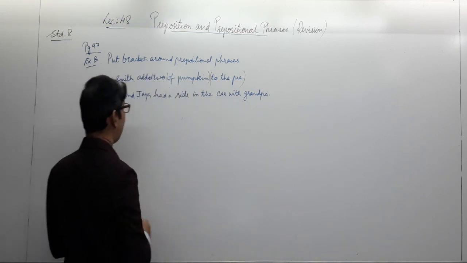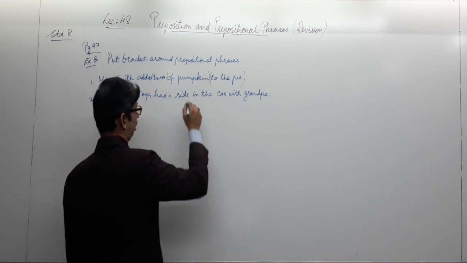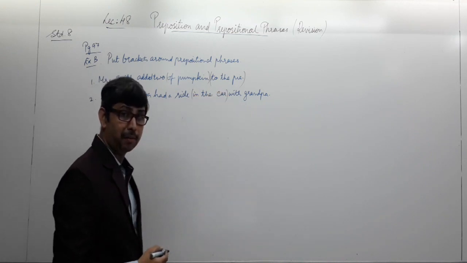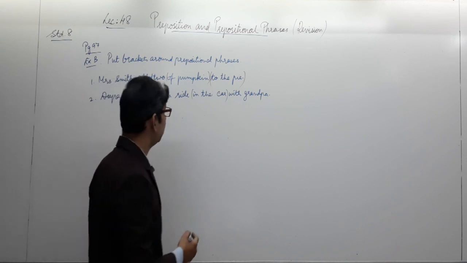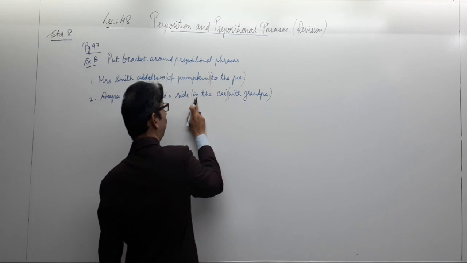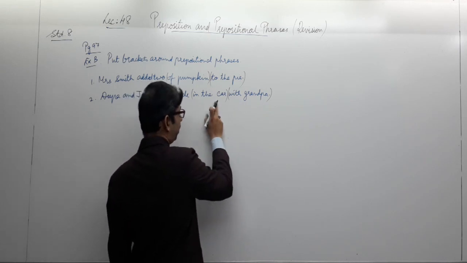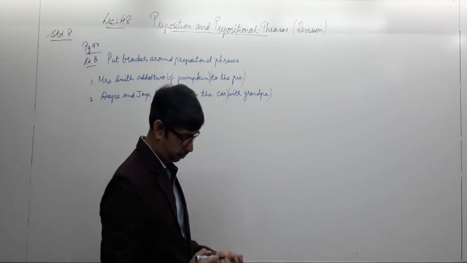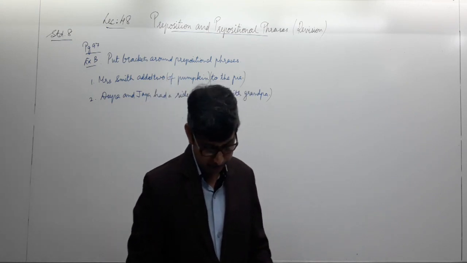Deepa and Jaya had a ride in the car. The words in the car become my first prepositional phrase in the sentence, followed by the next one, with grandpa. We have got the word in as a preposition followed by the object. We have the word with followed by the object grandpa. Moving ahead, the next one.